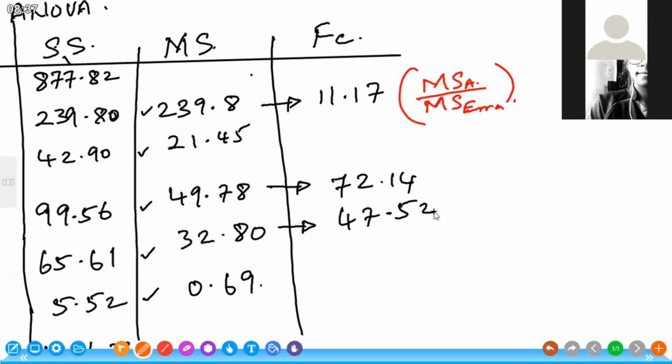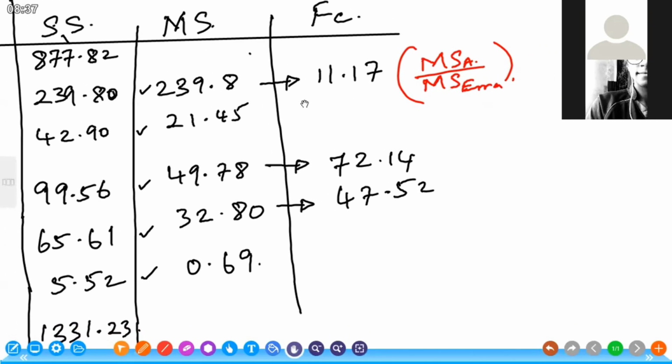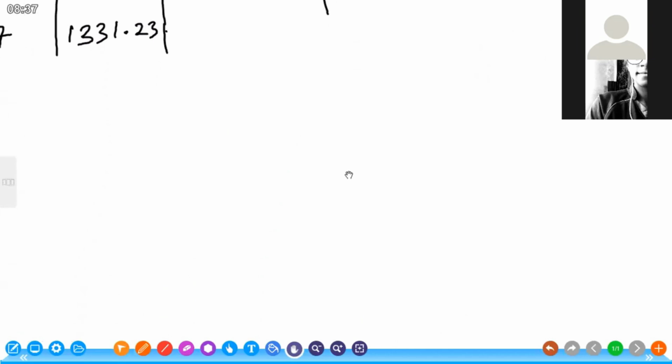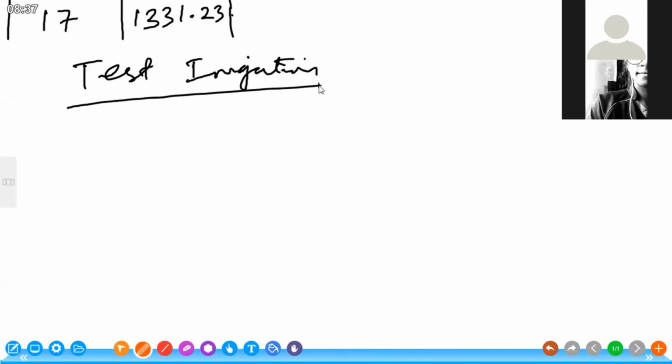Good. So these are the calculated values we need. Remember these three calculated values, because I'm going to go down. Now I can test one by one. First, I'm going to test the irrigation effect. Here we need to test all the effects.